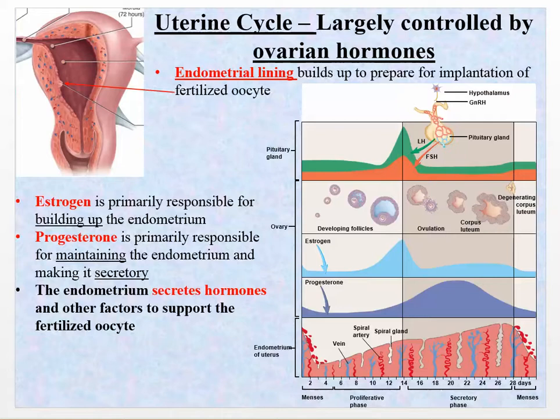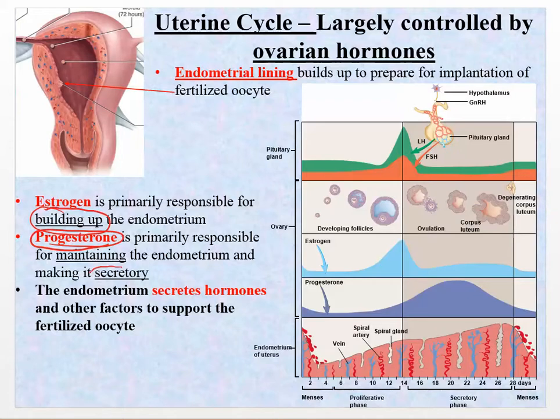Okay, so the uterine cycle is largely controlled by hormones that are made in the ovaries. That makes sense. Estrogen, and I've mentioned this before, is primarily responsible for building up the endometrium. Progesterone is primarily responsible for maintaining it, and it'll build it up a little bit more as well, but it maintains it and makes it secretory.